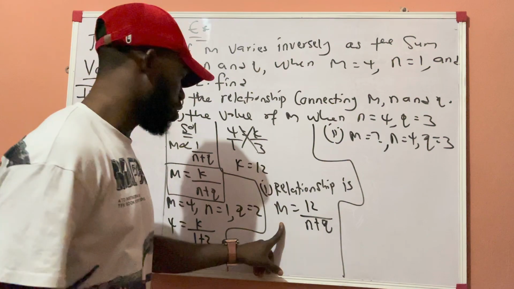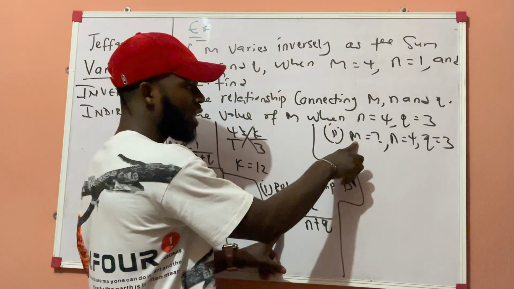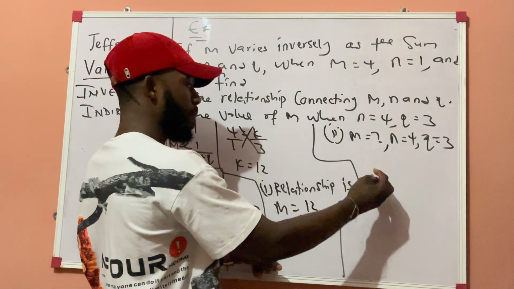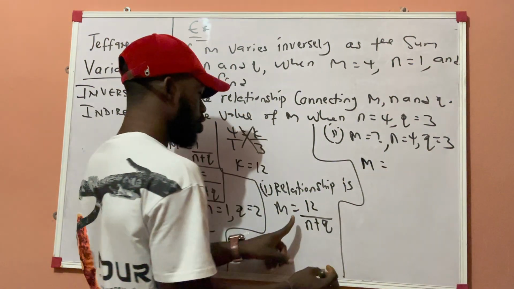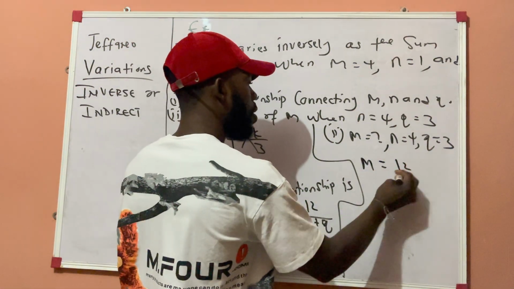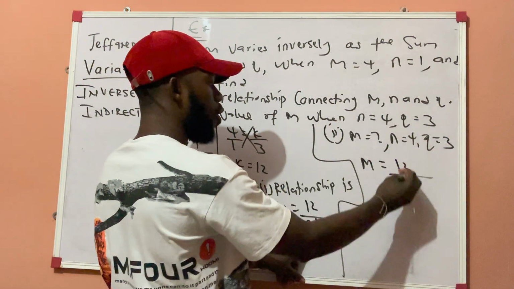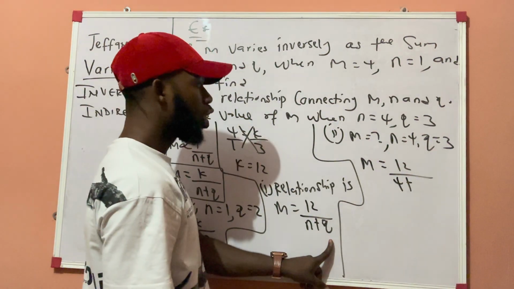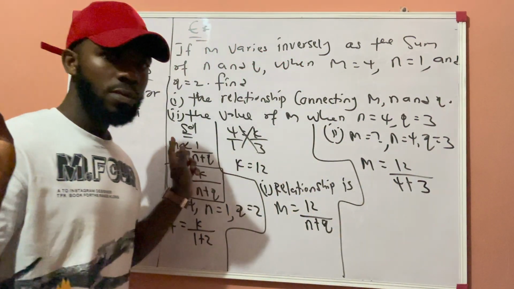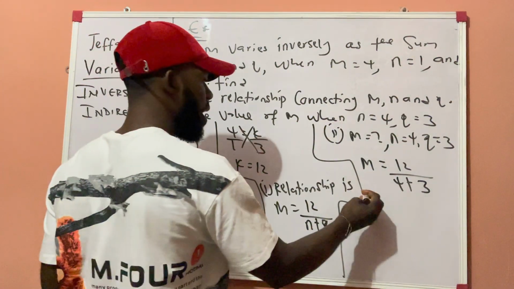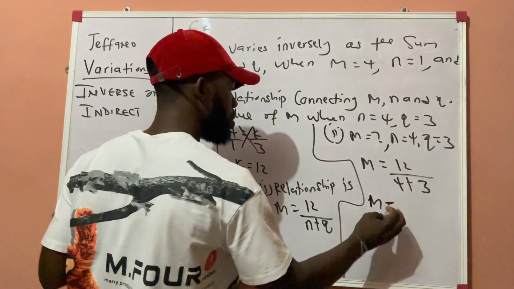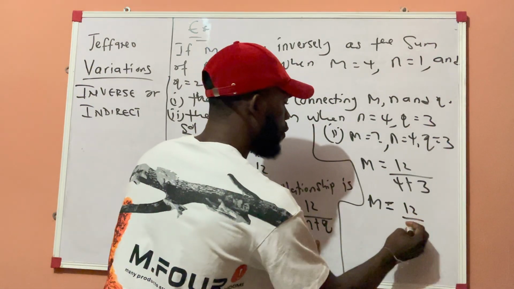Now, using our relationship, anywhere I see m, I will still give m because I don't know the value of m. So here becomes m is equal to 12 over n now is 4 plus q is 3. Now, without wasting time, what do we have? m is equal to 12 over 7.